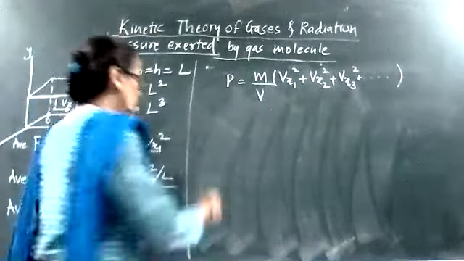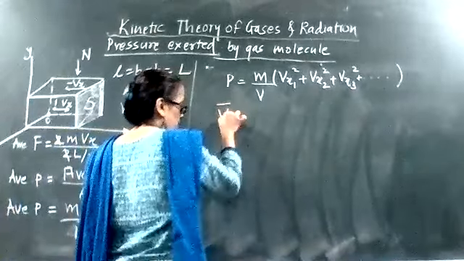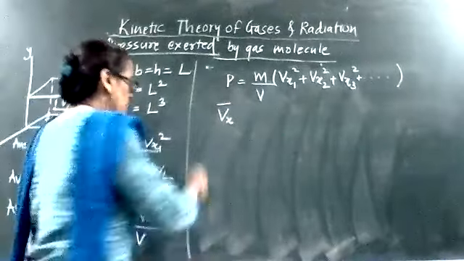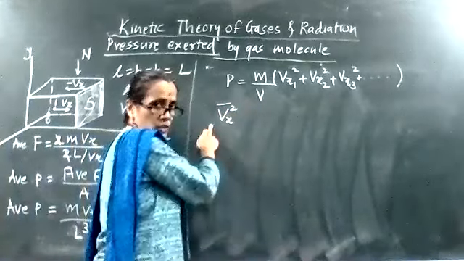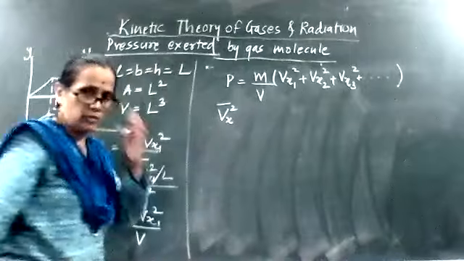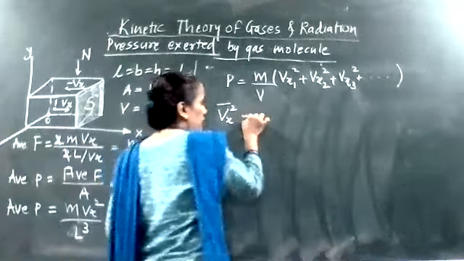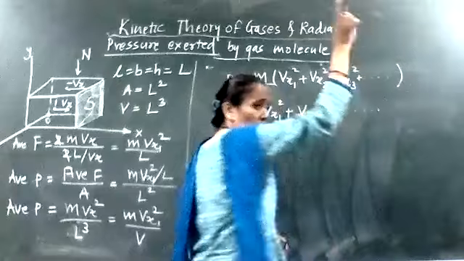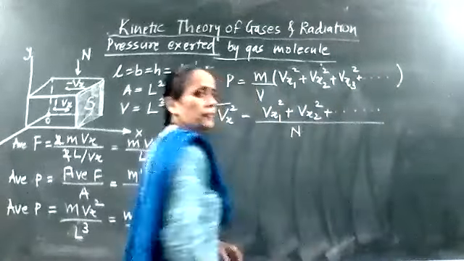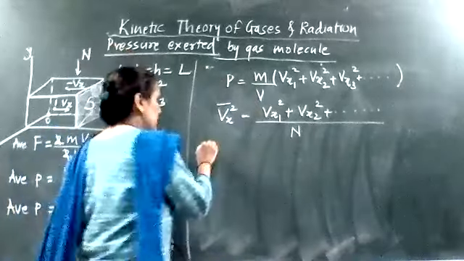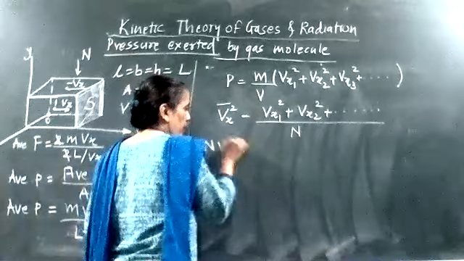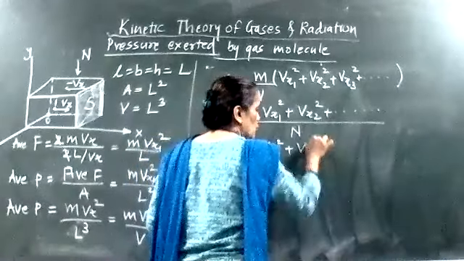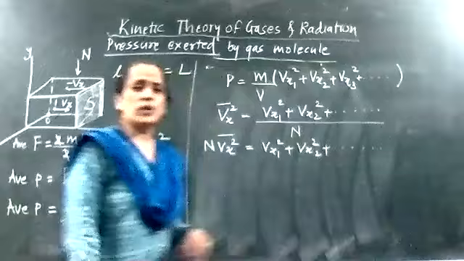Is it right? Therefore, now I can say that the average square velocity of all molecules traveling along the x-axis can be written as Vx1 square plus Vx2 square and so on, divided by N, because there are N molecules. So N times the average Vx square is equal to Vx1 square plus Vx2 square plus so on for all molecules.